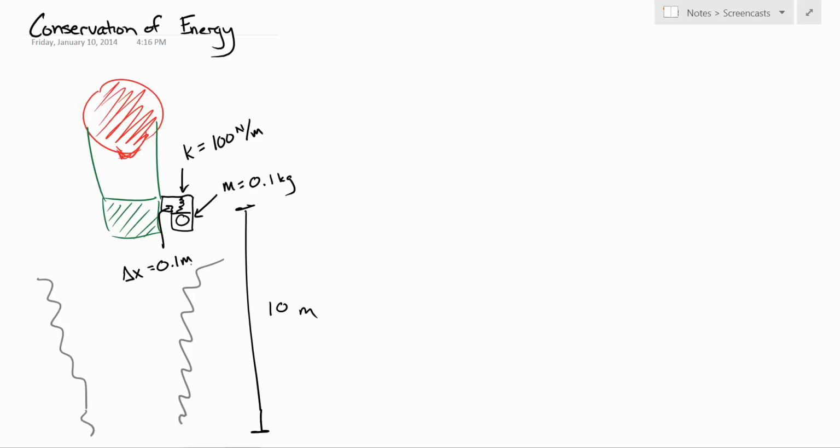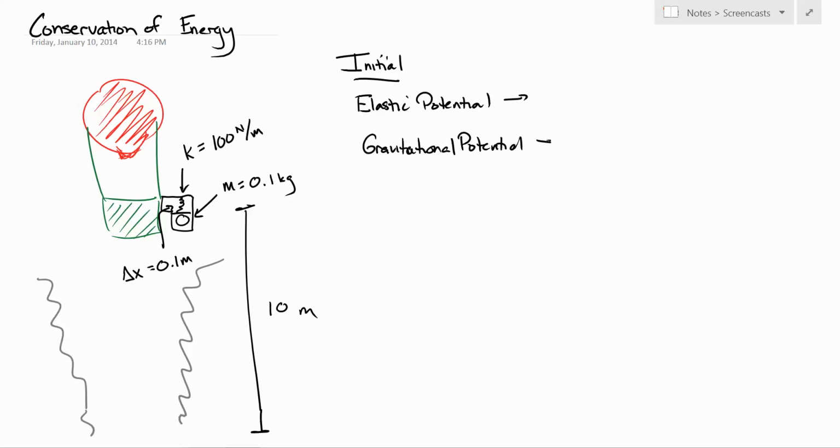So that's a lot of information. What does it buy us? Well, before we had said that in our initial state we would have elastic potential because we have a compressed spring, and we would have gravitational potential because we are so high up. Now we can say how much of each we have.